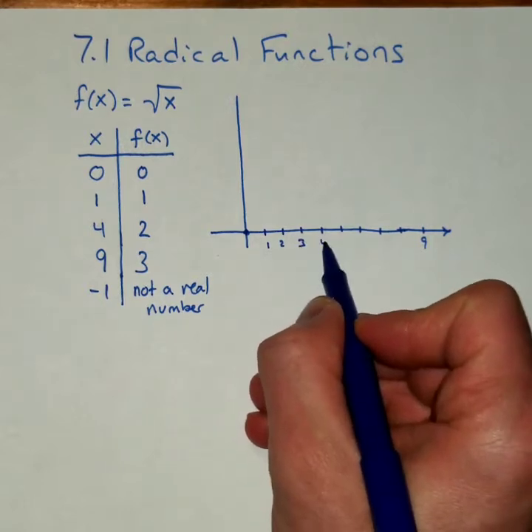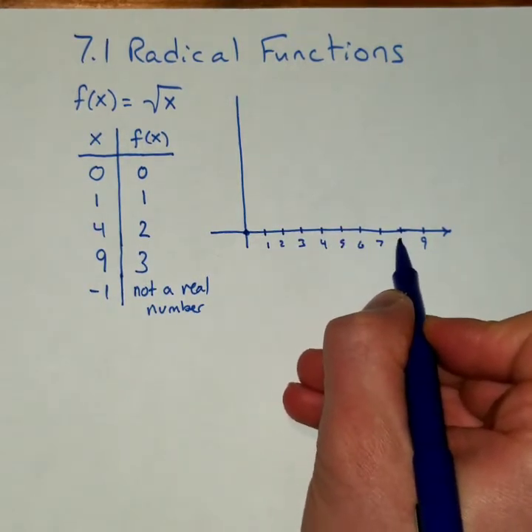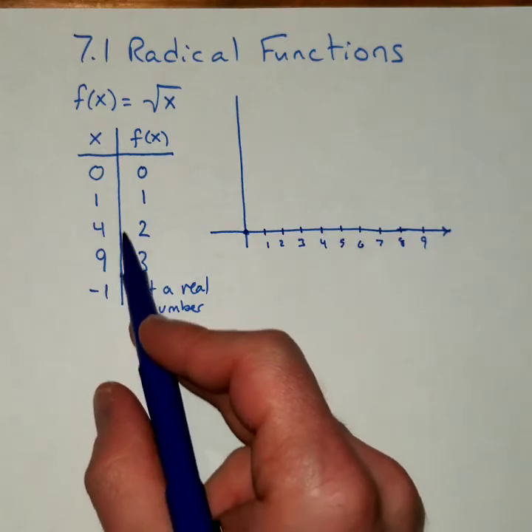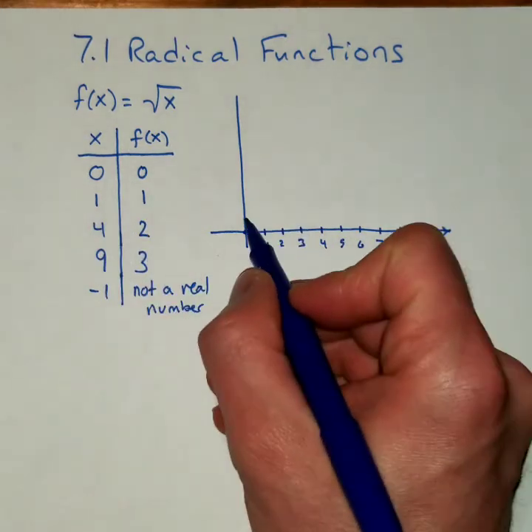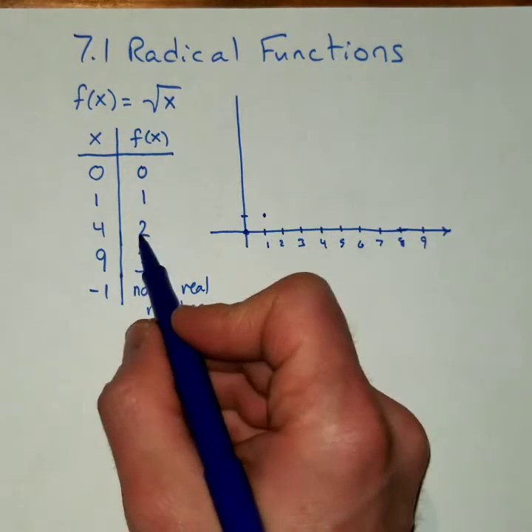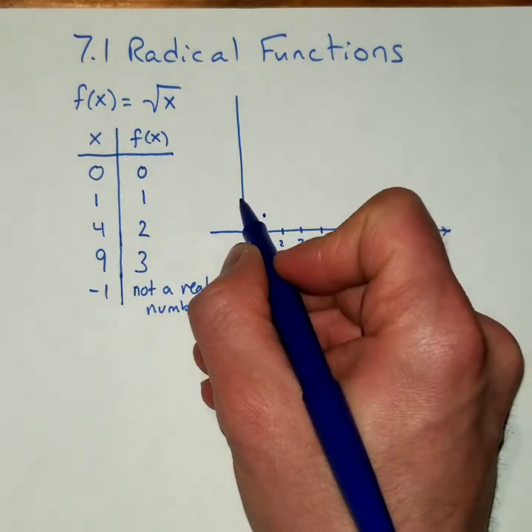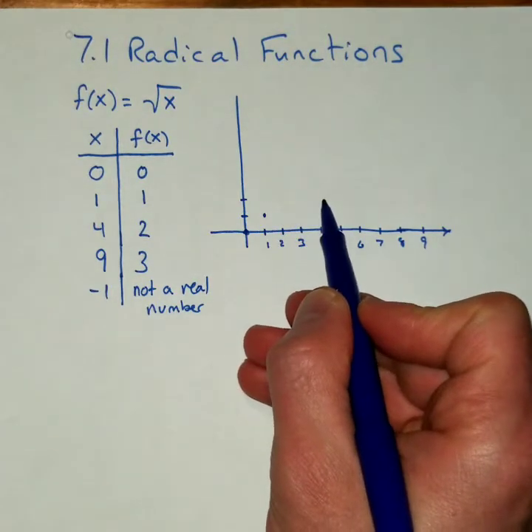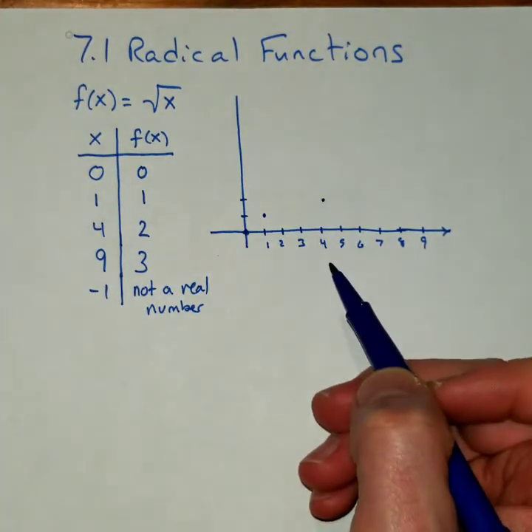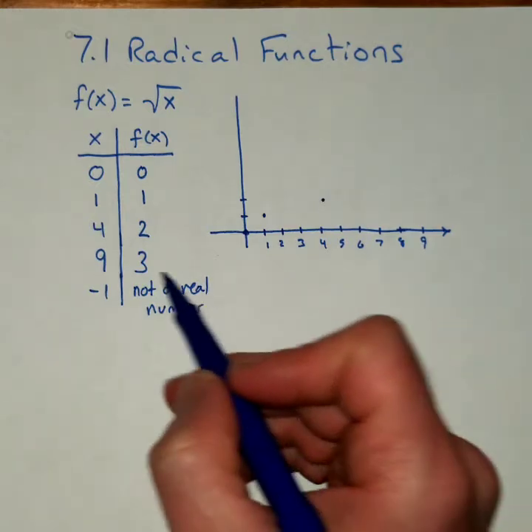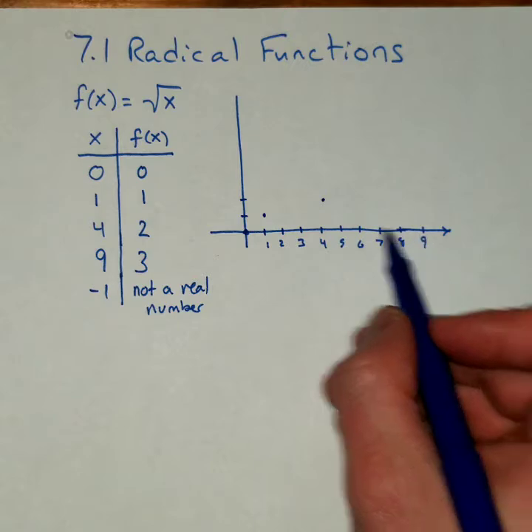And then I want to go up here. 1, 1. So I'm going to go up to 1, 1. And then 4, 2. So you go over 4 and up 2. And then we're going to go over 9 and up 3.